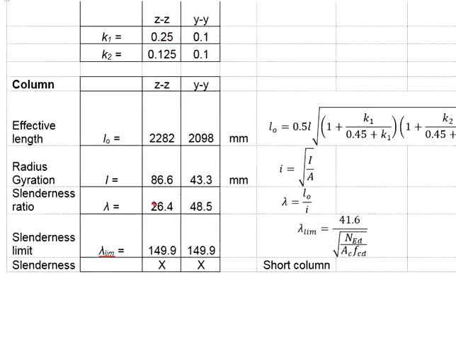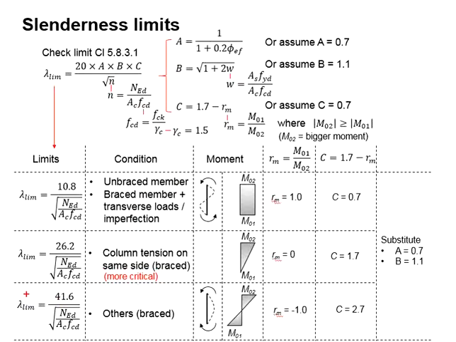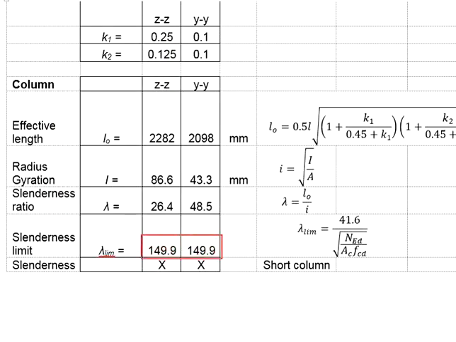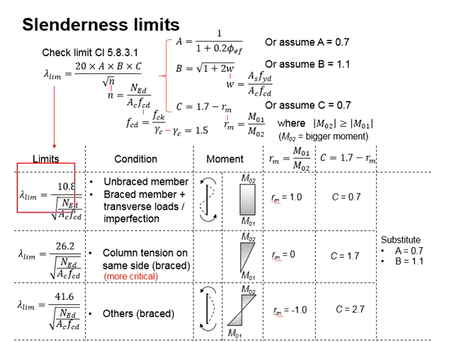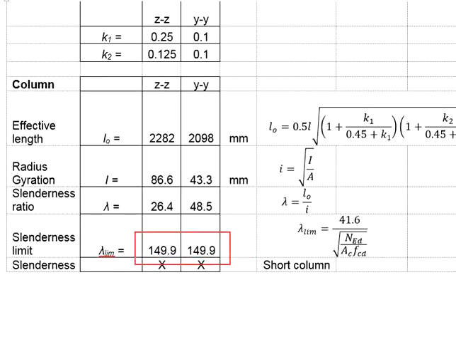Now, if you see the examples that we did previously, the slenderness ratio calculated is here. If we use these equations, the slenderness limit is relatively large and it ends up to be a short column. But if we use these equations, the slenderness limit will reduce significantly.